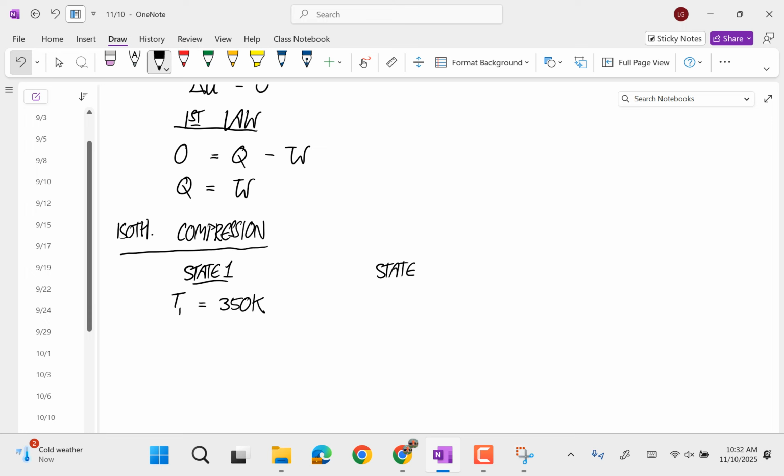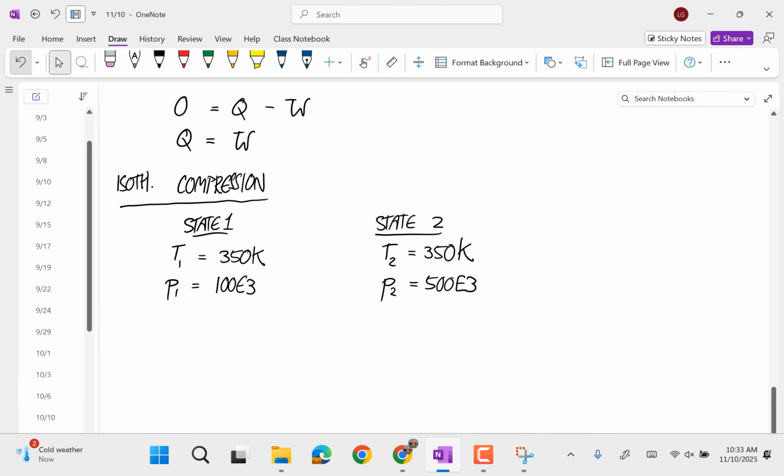State 2, the temperature is 350. Then the pressure for the compression goes from 100 times 10 to the third to 500. That means we can figure out the volumes at both of these.